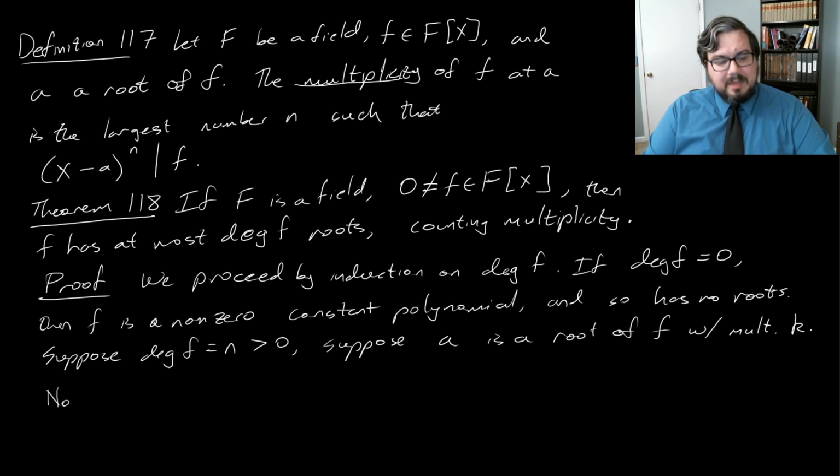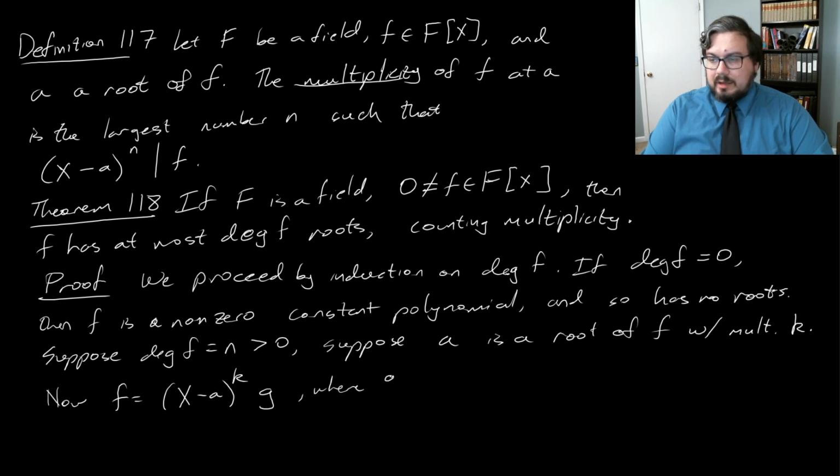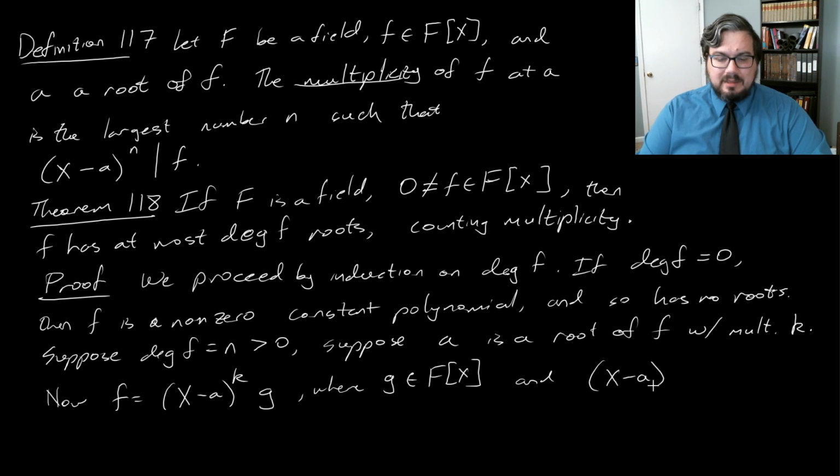So now we may write that f is equal to (x minus a) raised to the k times g, where g belongs to the polynomial ring F adjoin x, and the polynomial x minus a does not divide g.